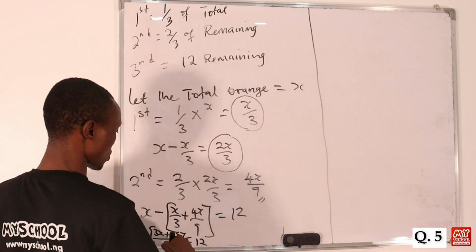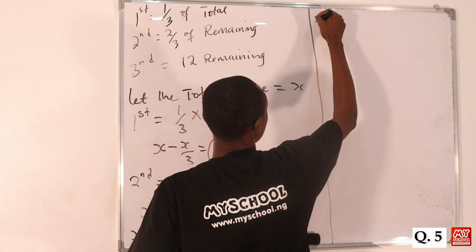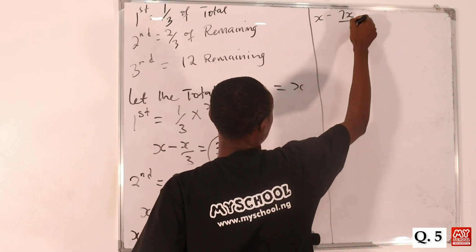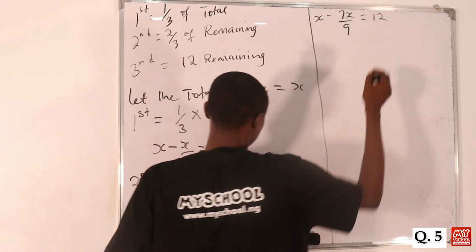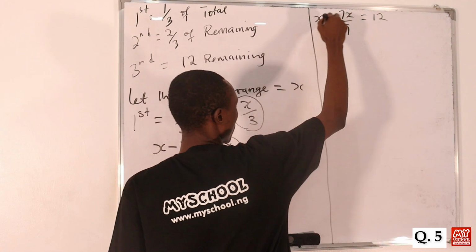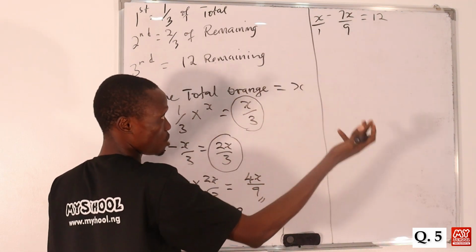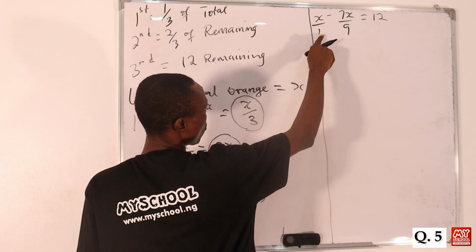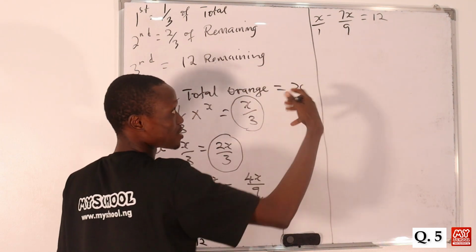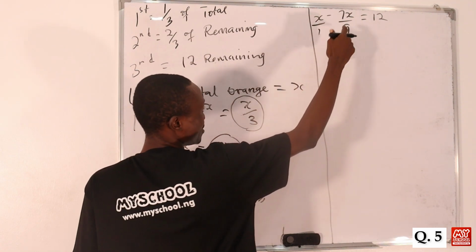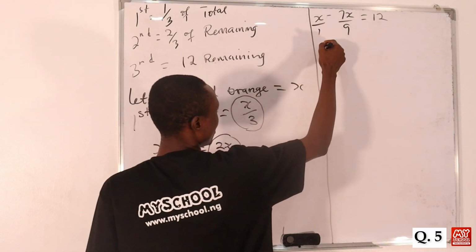So let's continue from this part. If we sum up what is inside the bracket, we'll have x minus 7x all over 9 equals 12. We can also deal with this x because it is also over 1. It doesn't change anything, it still remains x. So the LCM of 1 and 9 is 9. So 1 into 9 is 9, and 9 times x is 9x.